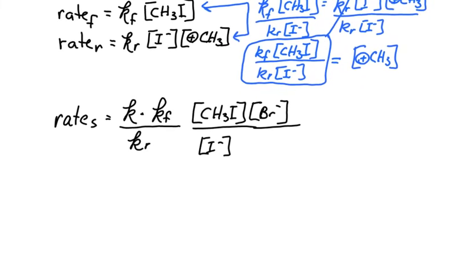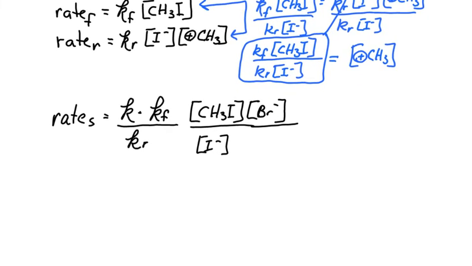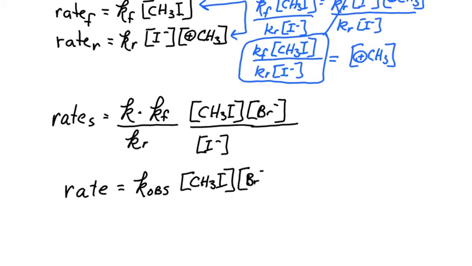We can take all those values for the rate constants and plug them in and say that they're just equal to k observed times methyl iodide to the first power times bromide to the first power divided by iodide.